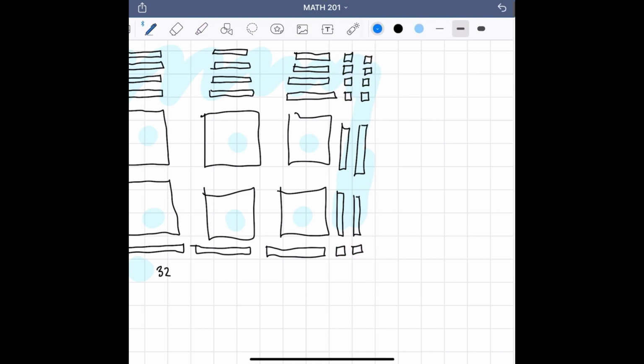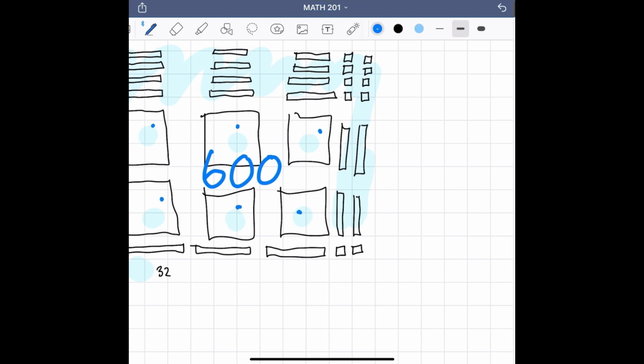Now, to look at the partial products part of this, we need to look at how many of each type of block we have. So we have 1, 2, 3, 4, 5, 6 flats, or 600 units.